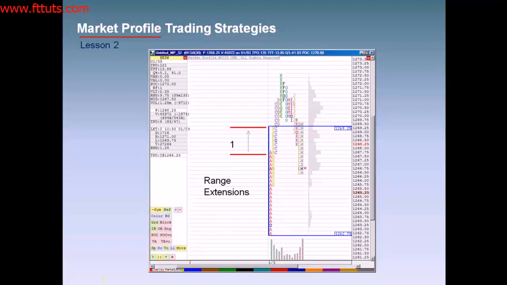All right, and the next range extension is the C period, and notice how it takes me even above the initial balance. So this is definitely a bullish day. Now, my third extension doesn't happen in the D period, in the fourth period.